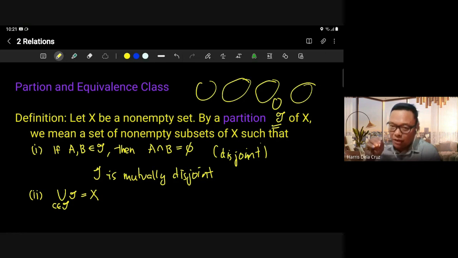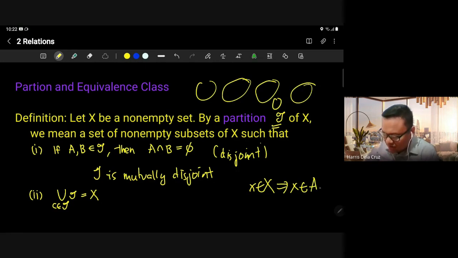Meaning, for any element of the set X, dapat iyon ay nasa isang part ng partition. So, it should be contained in some A sub gamma in the partition, kung ano mang set yon. Kada isang element ng X ay nasa isang set dun sa partition natin.